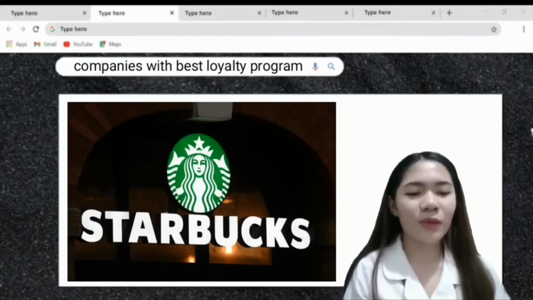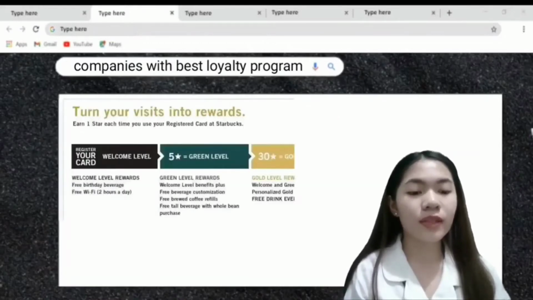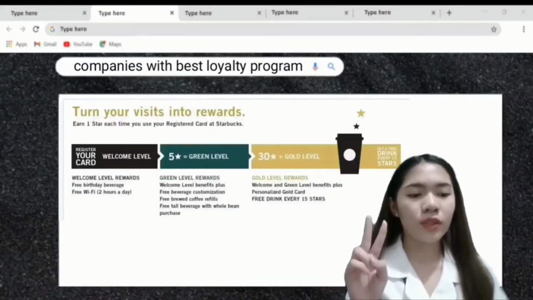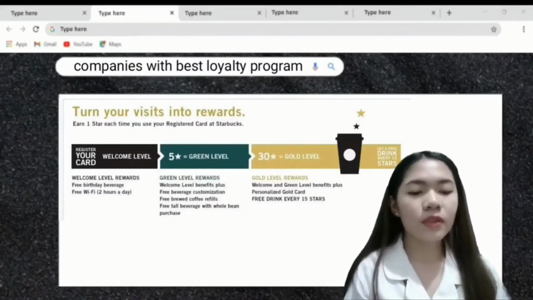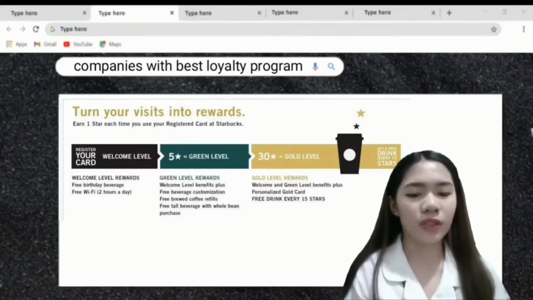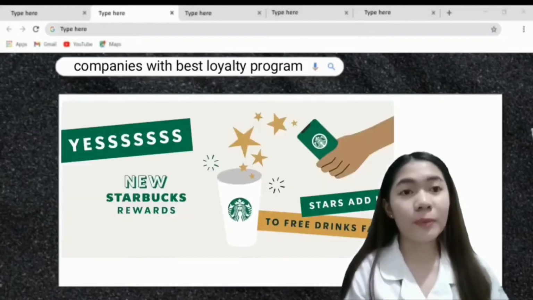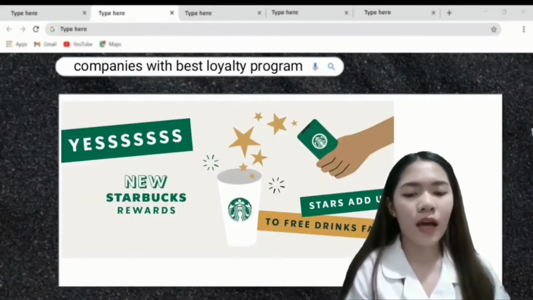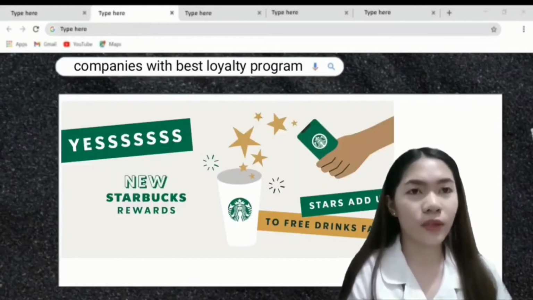To align with their brand identity and logo, Starbucks created a tiered loyalty program structure that consists of 2 levels, which are green and gold. To reward their customers, they enabled them to earn stars with each purchase. Through earning stars, customers then earn free products or free top-ups along with additional personalized rewards.